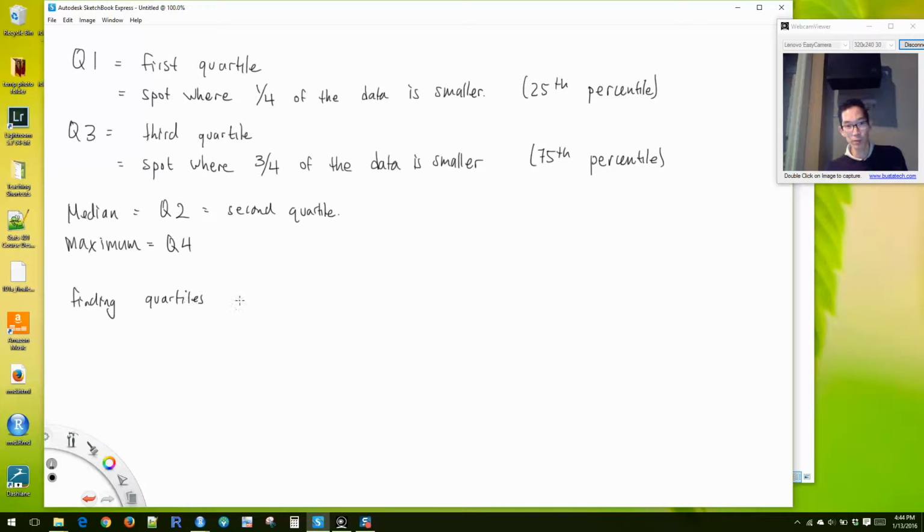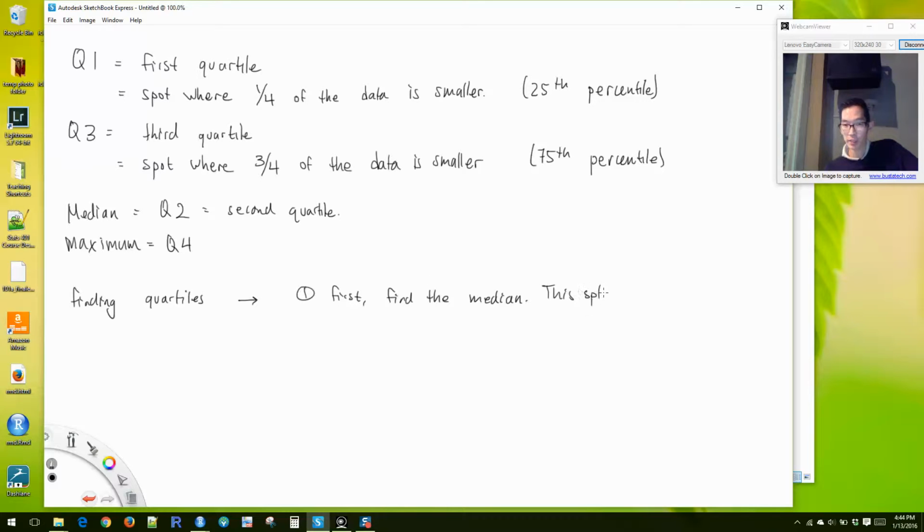So finding the quartiles is rather straightforward. First, find the median. When you find the median, that effectively splits your list into two lists: the smaller half and the upper half. So find the median.